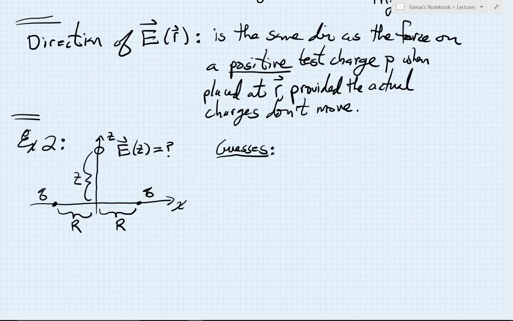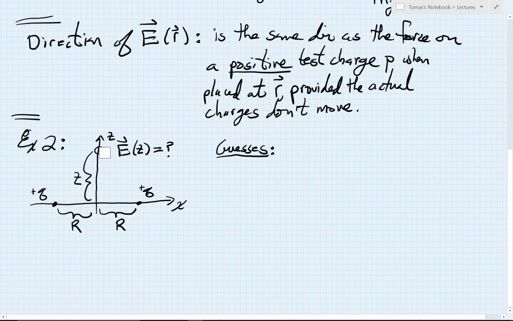And remember what our procedure is. For the sake of this problem, I'm imagining these two charges down here are positive. So supposing these were positive, what would the direction of the electric field be at the point up here? Well, the way we determine this is we put a small positive test charge at that location, and we ask what way the force would be on that positive test charge, and that will give me the direction of the electric field at that point.